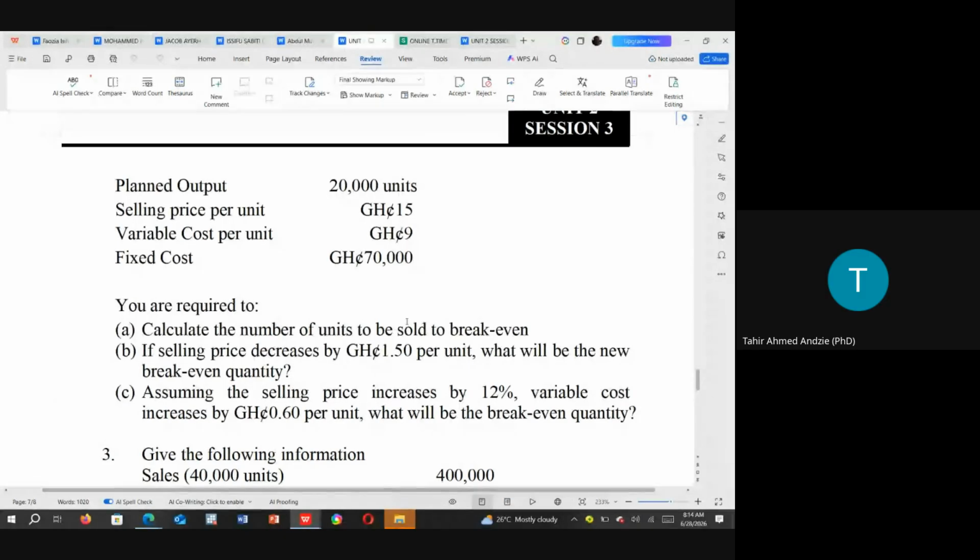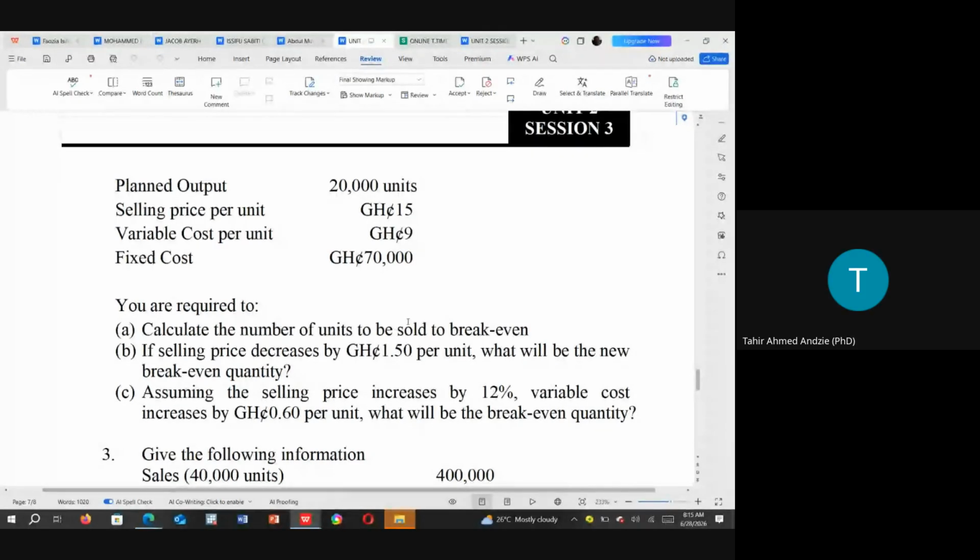Very good. Now the new variable cost is also 9.6, which is 9 plus 0.6. So what will be our new contribution?